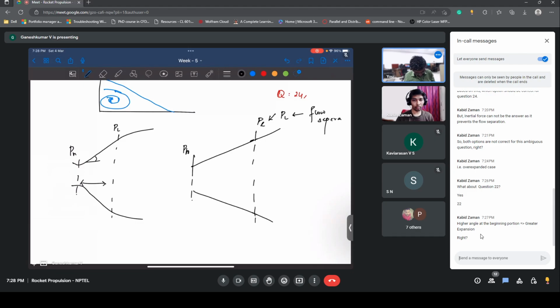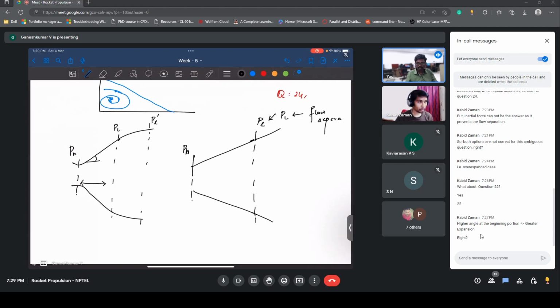Here it should happen much before, but since there is the pressure gradient, as I said, the pressure gradient in the contour nozzle is going to be very high initially, in the initial region, which does not allow flow separation to happen, but it might delay it to some other P low dash. So that is the reason the contour nozzle is less prone to flow separation.